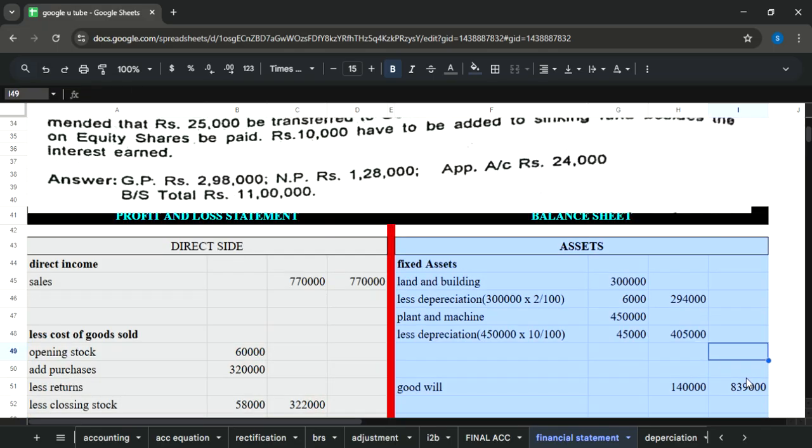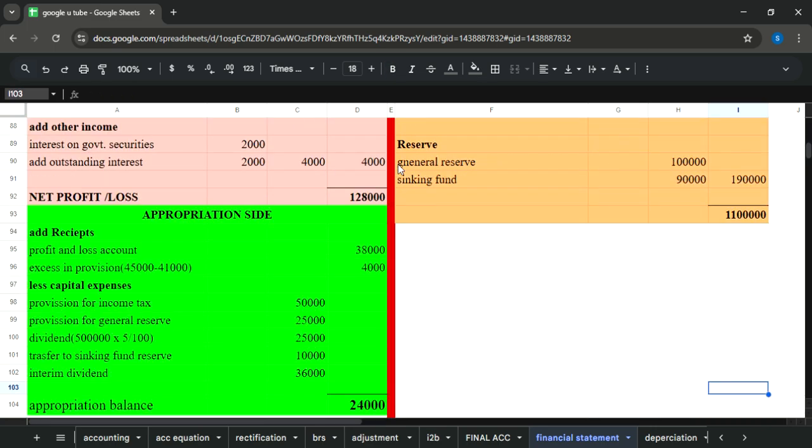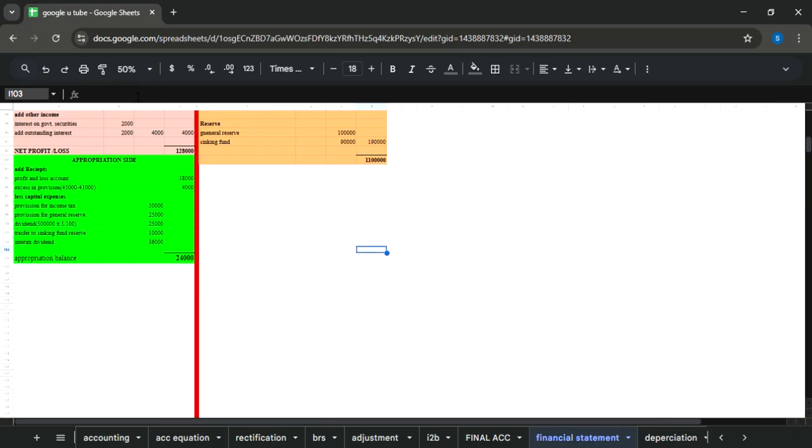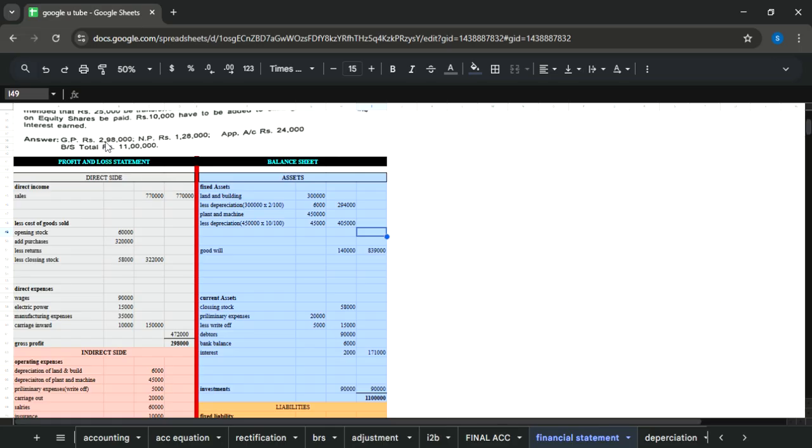And we have seen the balance sheet total is also 11 lakh. It means the total of assets and the total of liabilities are also equal. In this way, guys, all 5 answers are not only calculated but matched. Here you can see 298,000 was your gross profit, and 298 is written over here.